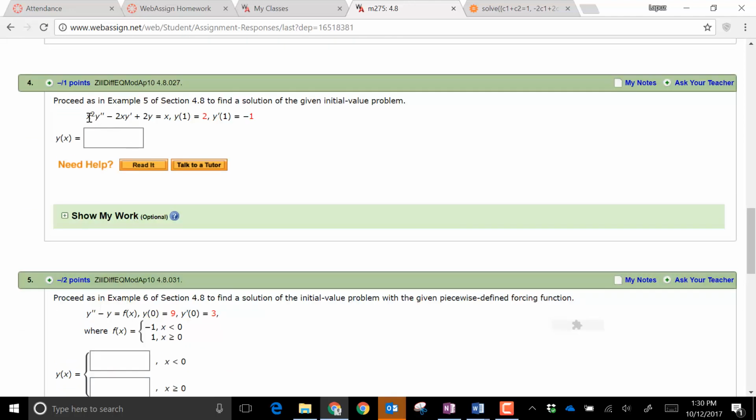So this one's a Cauchy-Euler equation. So just be careful when you're working that out. I guess there's a couple of things to watch out for with this type of problem. This is a Cauchy-Euler, so when you find your homogeneous equation's solutions, you would do one of two ways.